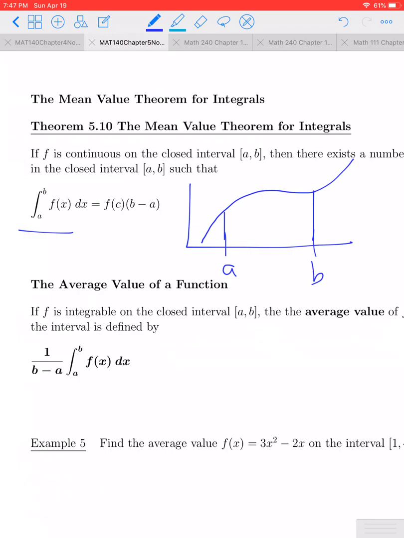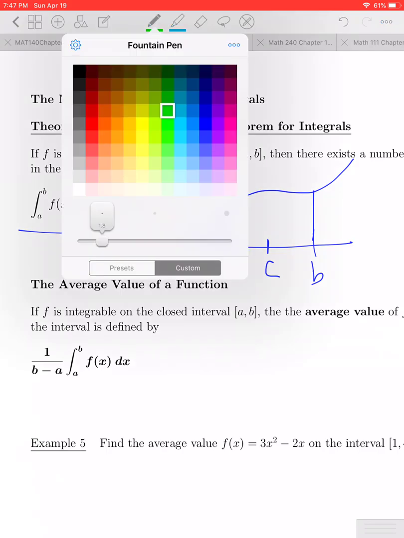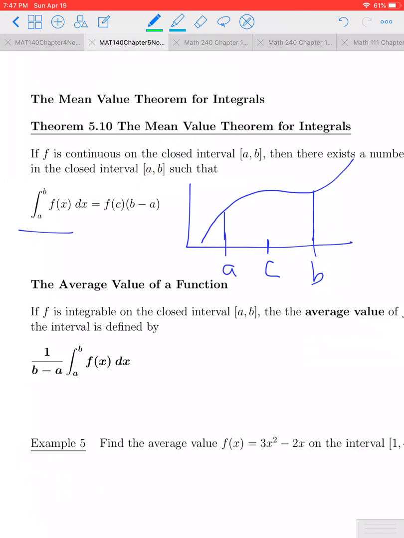Essentially, they're saying that if f satisfies the hypotheses of the mean value theorem, then somewhere in there is a point c, such that the rectangle whose height is f of c and whose width is b minus a, in other words the width of the interval, has an area equivalent to the area under the curve.